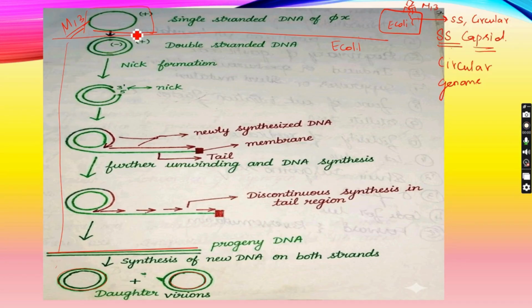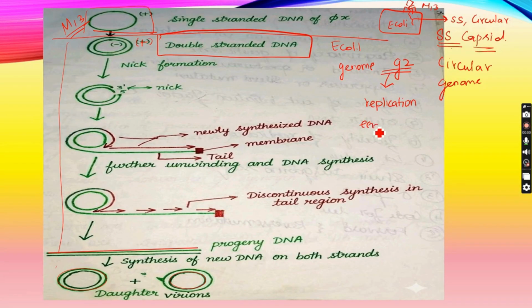For the starting of replication, this single stranded positive stranded DNA is going to create its negative strand. Therefore, it becomes double stranded DNA at first. Then, as we said before, the G2 gene is going to synthesize the replication endonuclease.